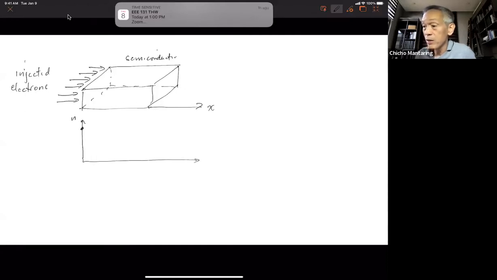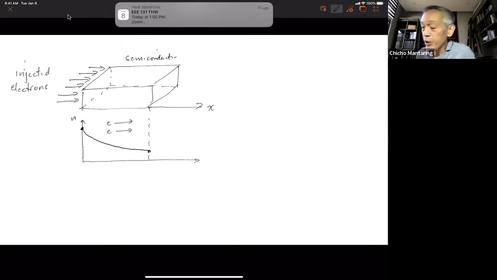electrons. Now, what is going to be the profile? This is going to end up being this way. The profile is going to end up being this way. Okay. And so your electrons are actually moving to the right.